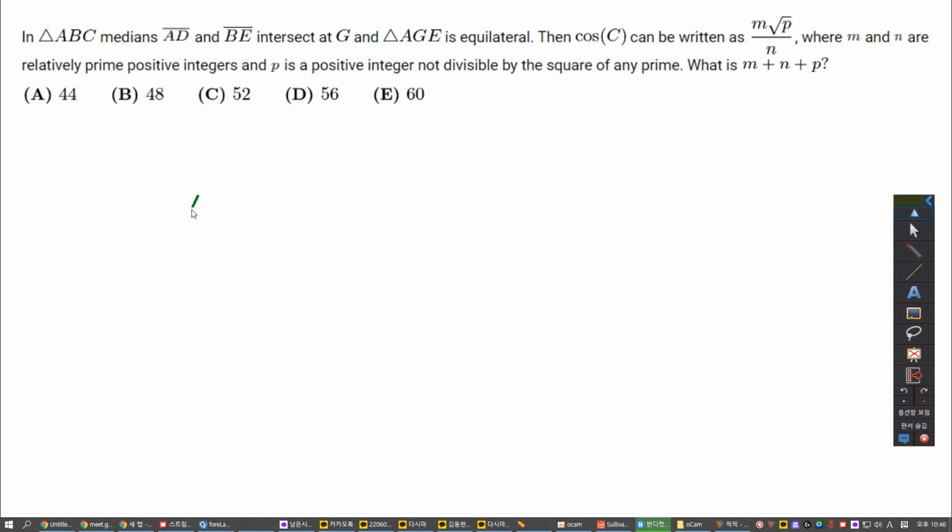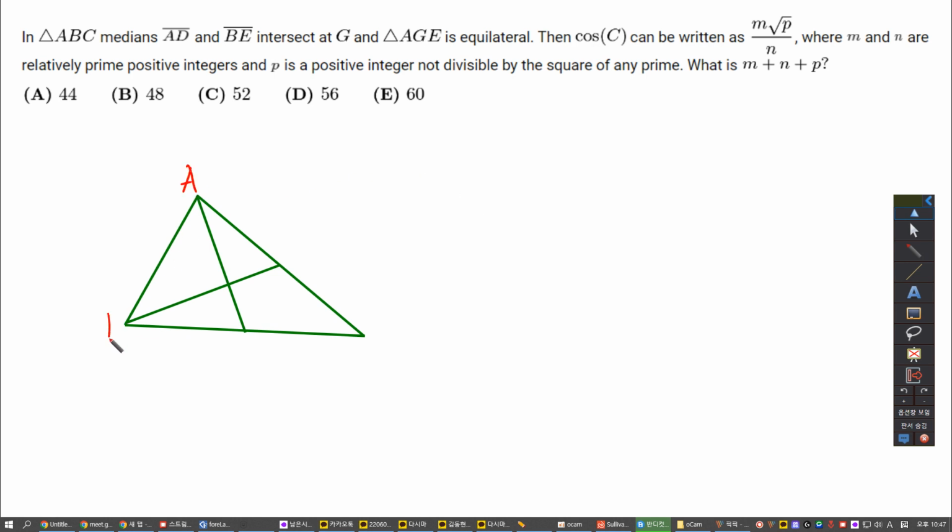So ABC, and AD and BE are medians. So that means this G is the centroid of this triangle, and AGE is equilateral.